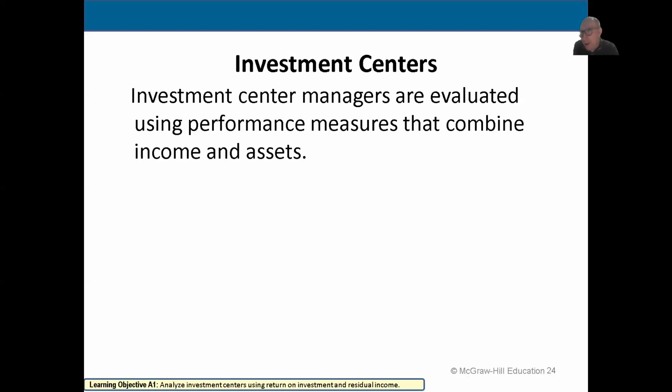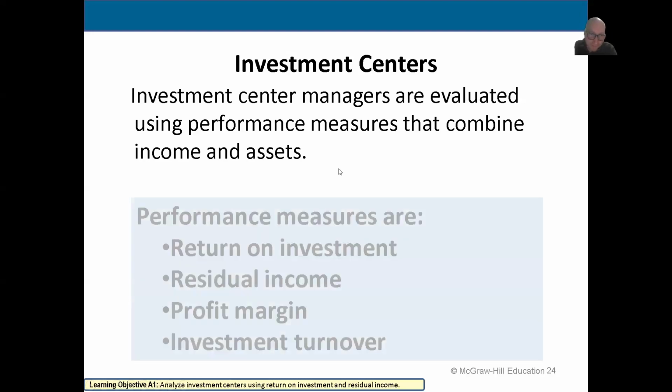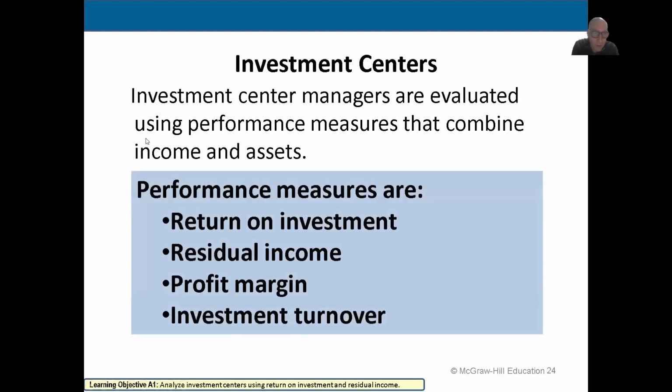Individual department managers are evaluated based off of this, but it's really the store that's evaluated based off of this concept. We look at things like the return on investment, residual income, profit margin, and investment turnover. Of course, all of these are ratios that we use to calculate to determine the overall performance of the department.